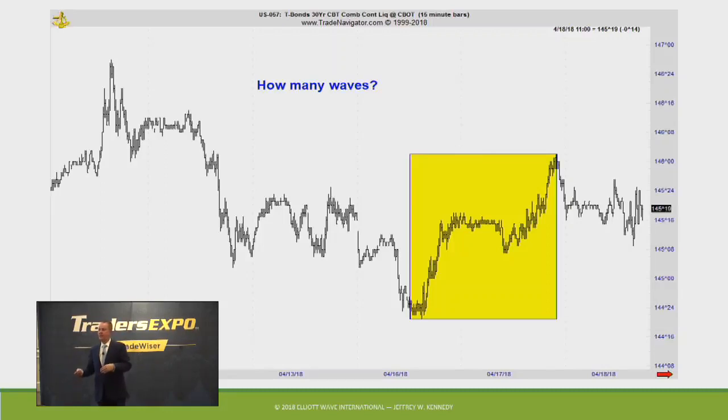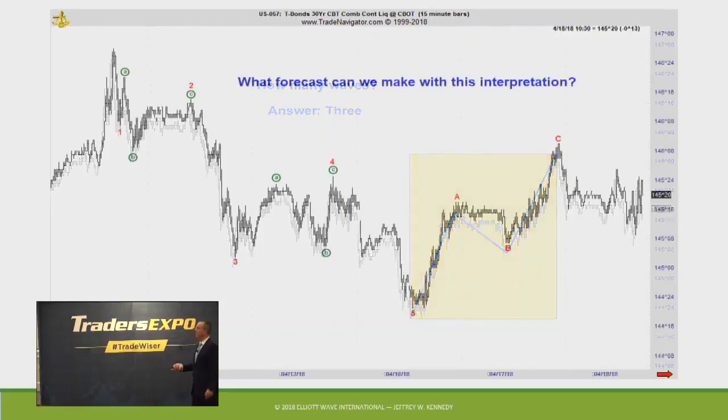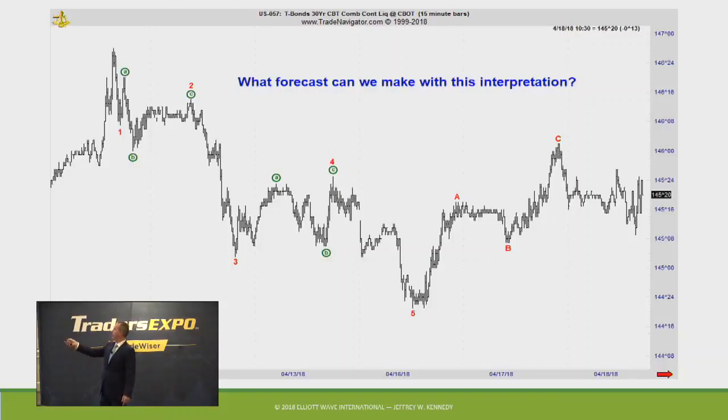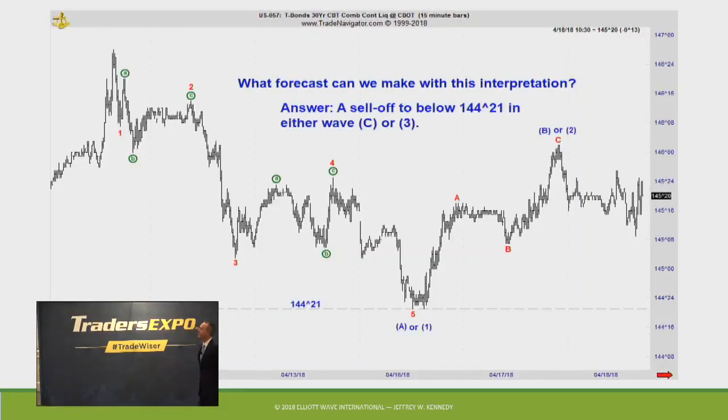Okay? Now, the only question I have is, am I going down? So here's the count. 1, running flat 2, 3, flat 4, 5, A, B, C. Okay, so what forecast can we make from this assessment? The market's going down. So really the only question we have is this.